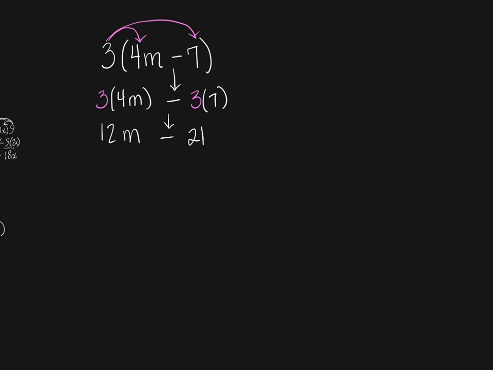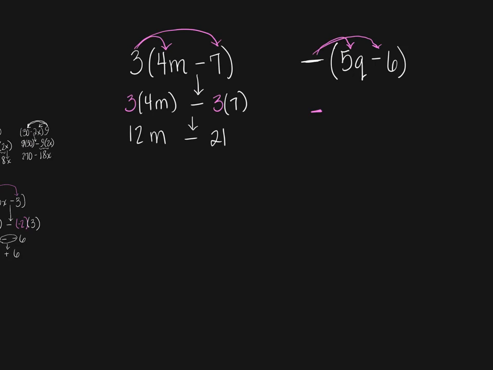Let's look at one other. This time I'm going to do a negative on my outside. And I'm going to do this negative times the quantity of 5q minus 6. All right. Careful with this one. Remember that if I have a negative on the outside, I've got to distribute that negative here and here. So let's look at what that looks like. I'm going to take that negative and multiply it by 5q.